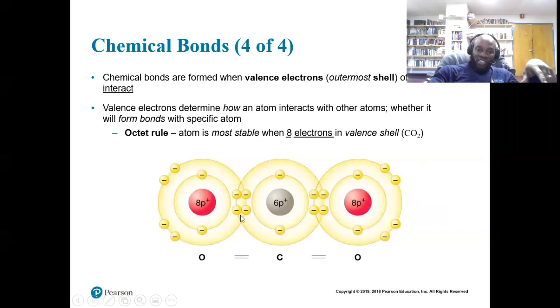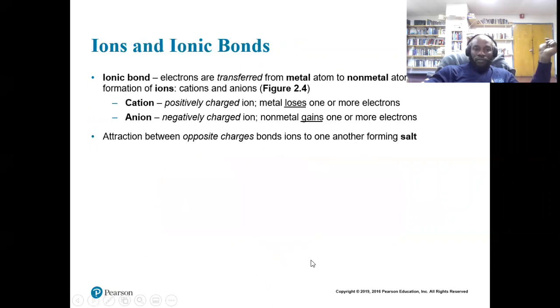And there the oxygen gets to satisfy its 8. The carbon satisfies its desire for that magic number 8. Oxygen over here gets 8, and oxygen over here gets 8, and we have a bond, carbon dioxide.